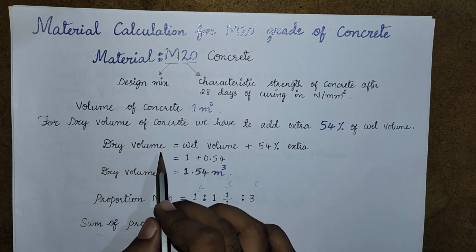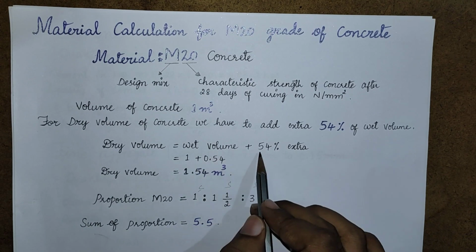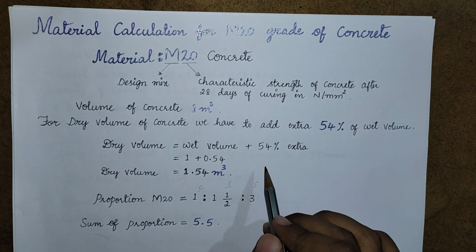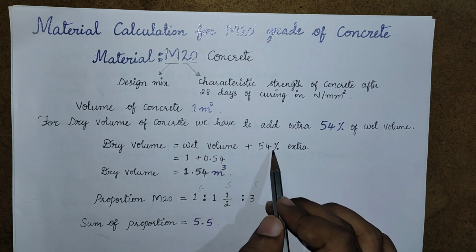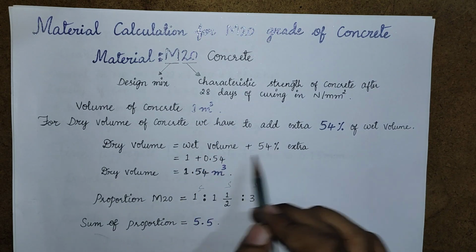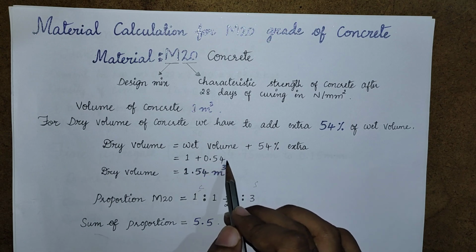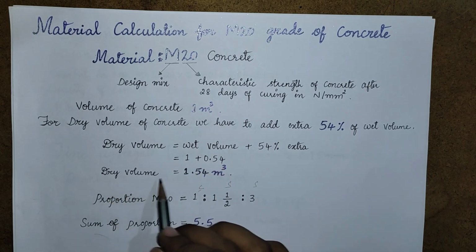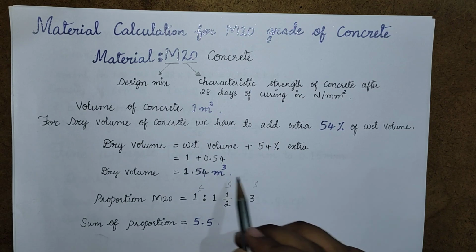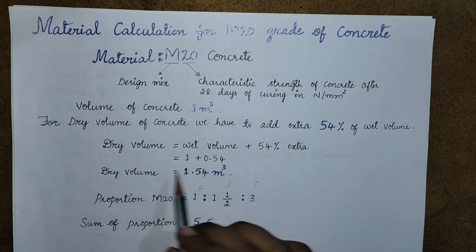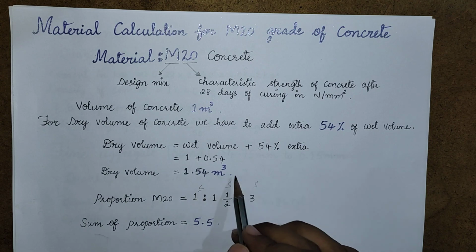So dry volume is equal to wet volume plus 54% extra. Wet volume is 1 cubic meter plus extra 54 divided by 100 is 0.54. So dry volume is 1.54 meter cube. So the rest of the calculation is performed on 1.54 meter cube volume of concrete.